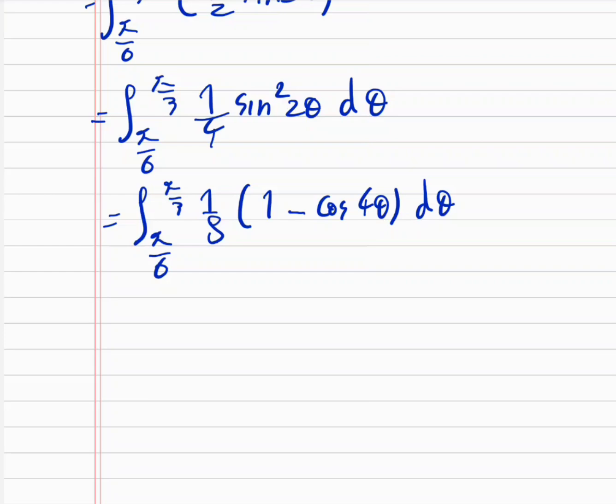Okay, so now we can simply integrate this. We can just take this 1/8 out, and just have 1 minus cos 4 theta.